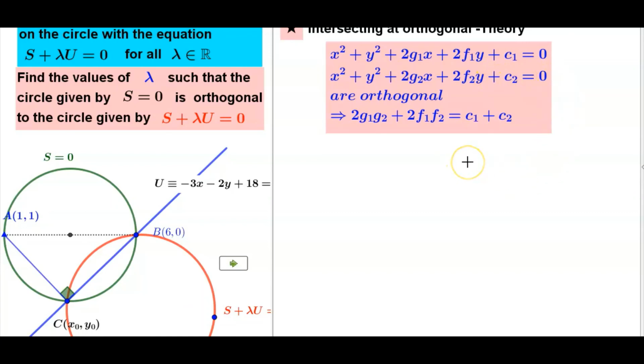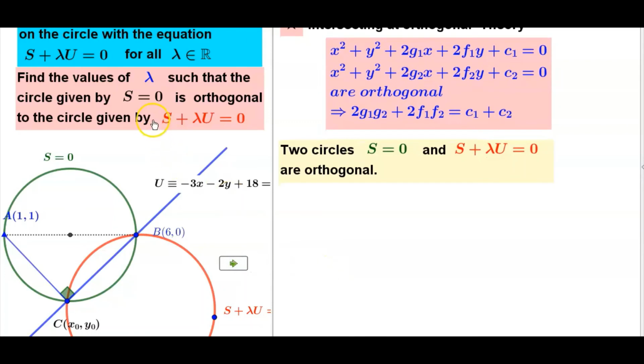If these two circles intersect orthogonally, or these two circles are orthogonal, this is the condition: 2g1g2 plus 2f1f2 is equal to c1 plus c2. Now we apply this theory to solve the final part of this question.